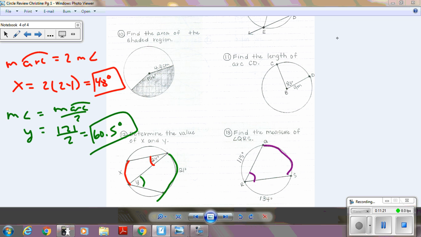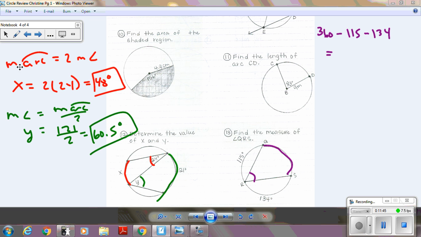To find the measurement of arc QS, I know that there's two other arcs on this circle, and the grand total of measurement for an entire circle is 360 degrees. So if I take 360 minus 115 and 134, I would get the arc I need.